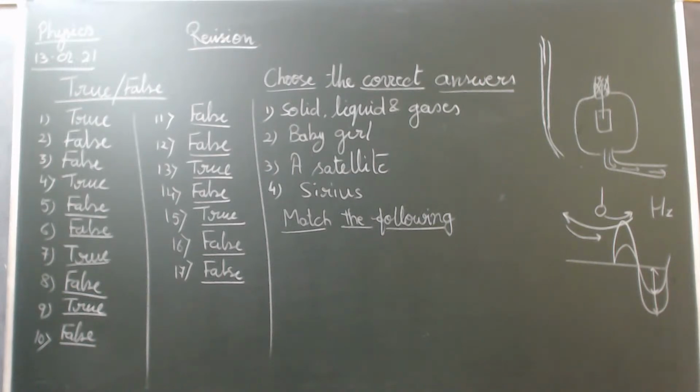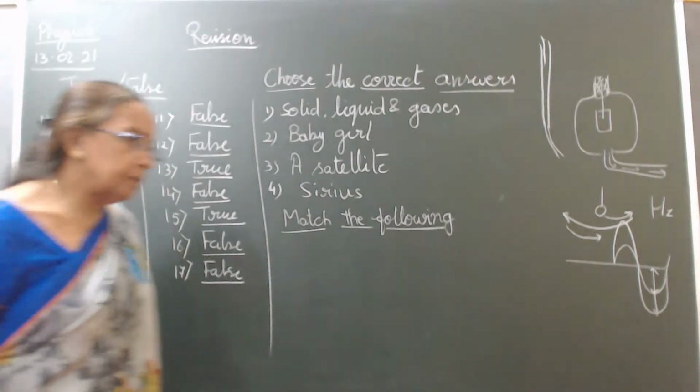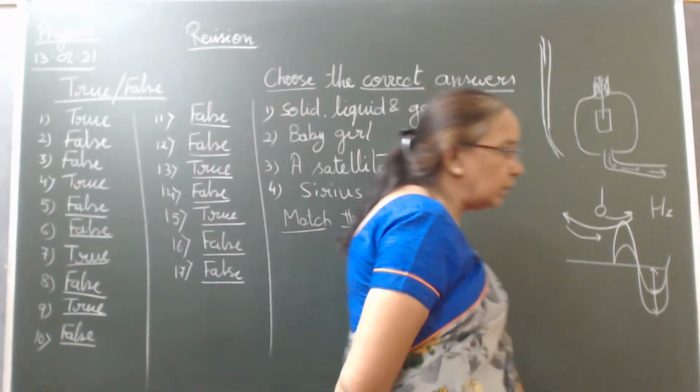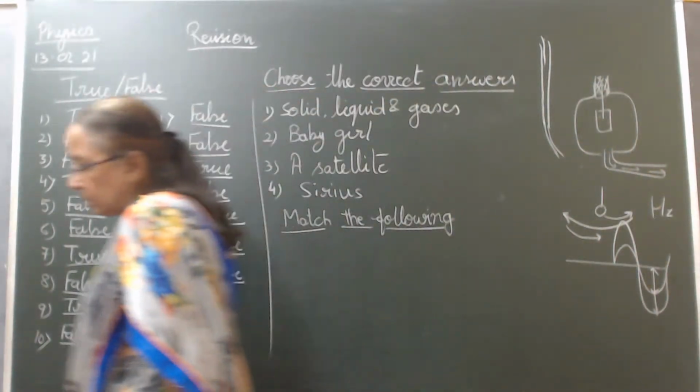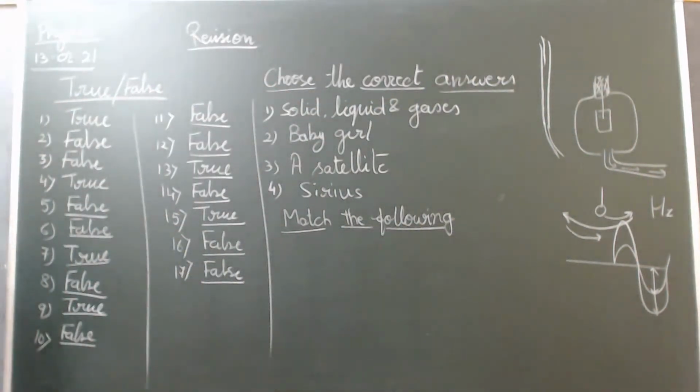Now, constellation: Orion and Great Bear. Great Bear is the name given to another constellation, whereas Orion is also the name for a constellation. Now, satellite of the Earth. Everyone knows satellite of the Earth is Moon.